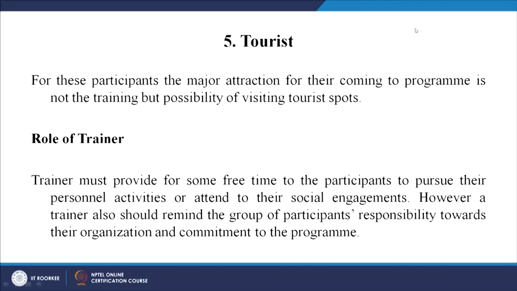The trainer must provide some free time to the participants in their scheduling, to pursue their personal activities or attend to their social engagements. If somebody has come to a particular city, he may have certain relatives, certain friends, he might be planning to visit certain places. So, in scheduling the training program, this is to be kept in mind, that they are attending social engagements.